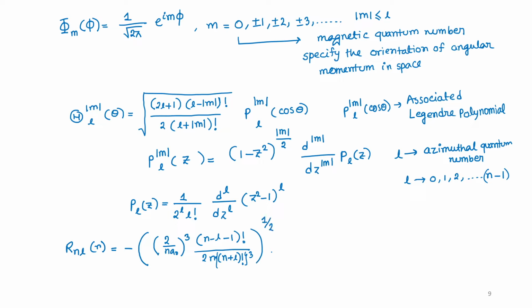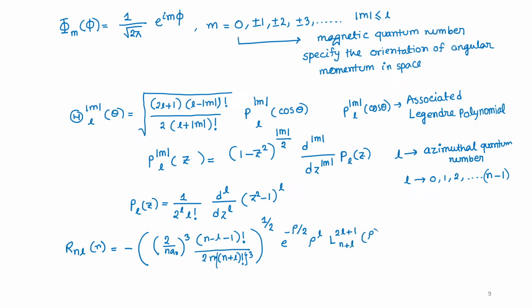This is multiplied by rho by 2, rho to the power L plus 1, n plus L.